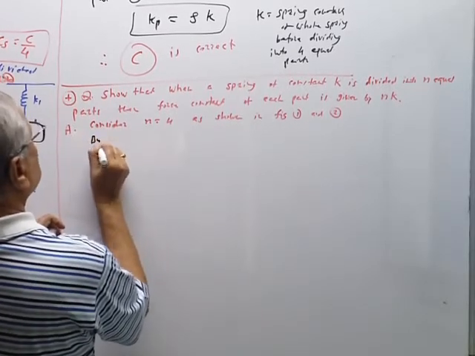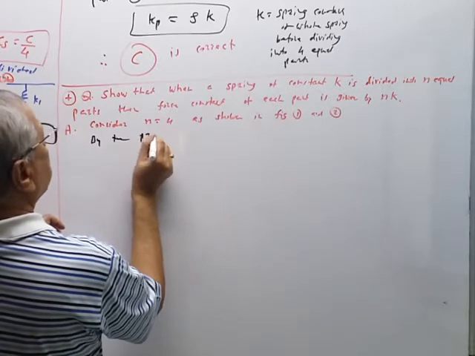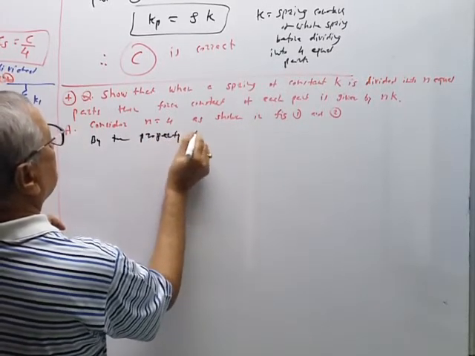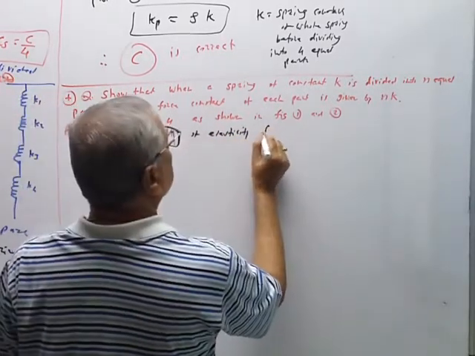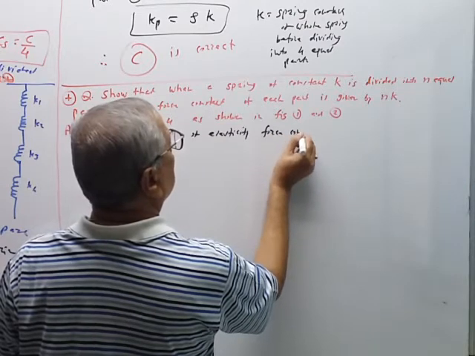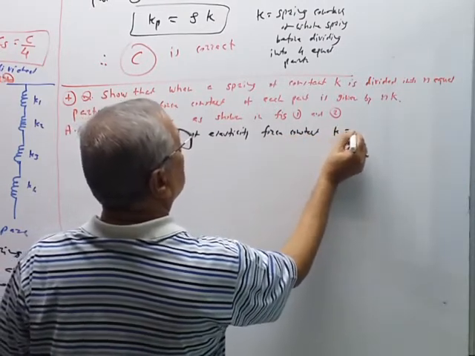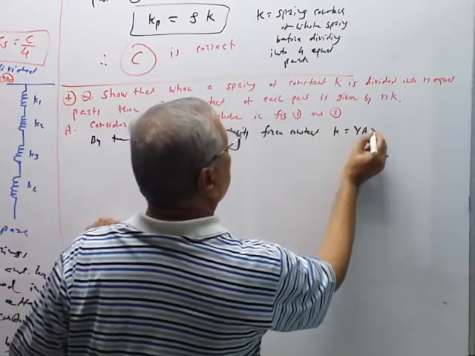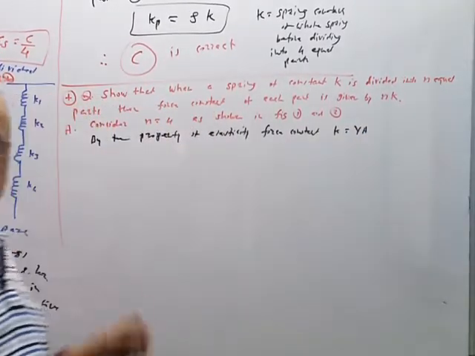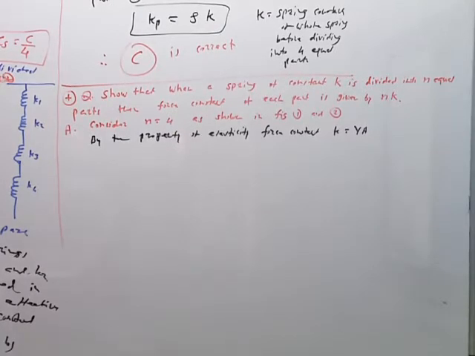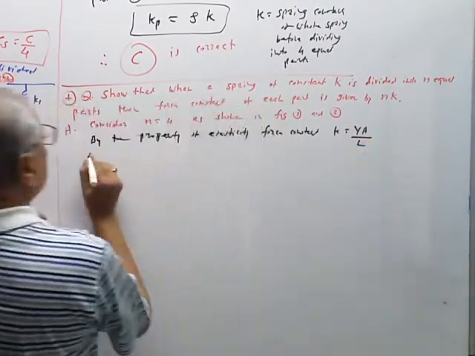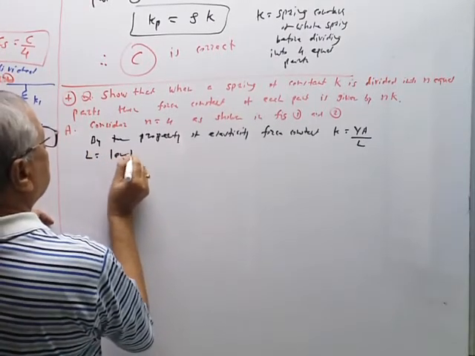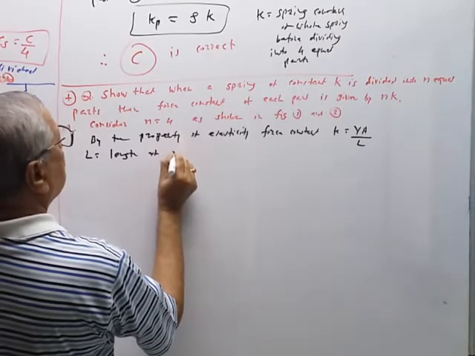By the property of elasticity, force constant K is equal to YA upon L, where L is the length of the original spring.